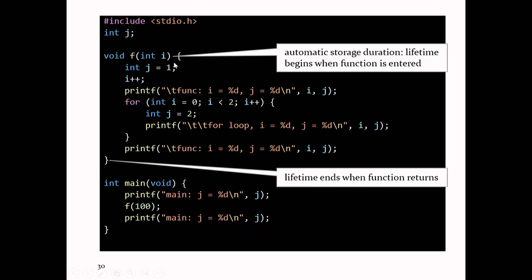So what is the lifetime of i? The lifetime of i is the lifetime of the function. When that printf statement finishes running, i goes away. It's no longer usable. If you try to use i somehow, it won't work. Or, sorry, in C it may work, but it's not guaranteed to work.